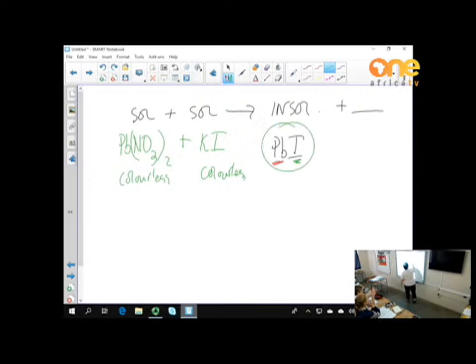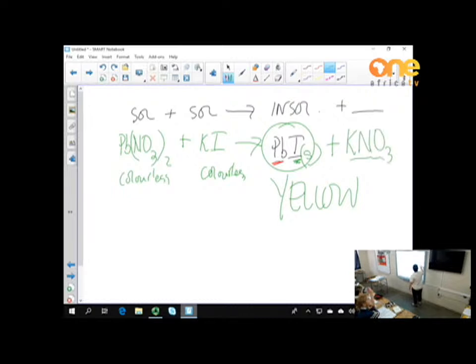Lead iodide is yellow. It's a bright yellow. And it's insoluble. What else are we going to get? This stuff: soluble or insoluble? It's soluble.